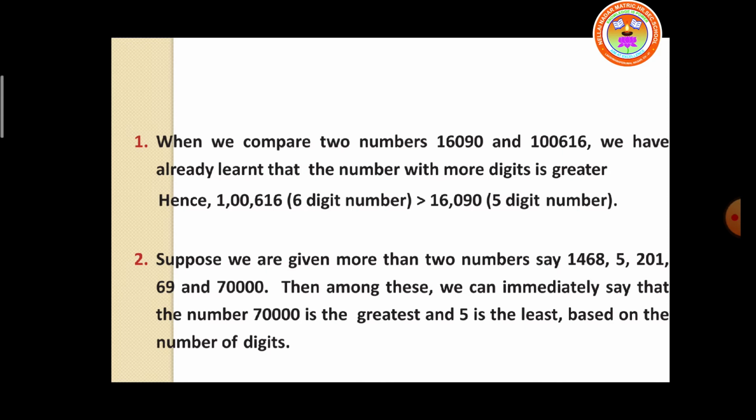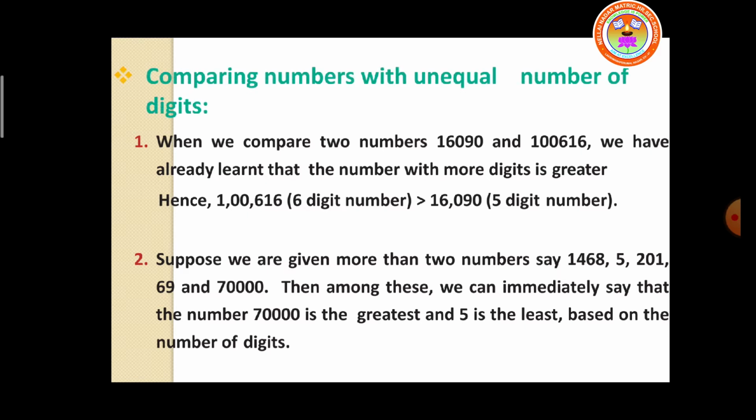Children, how to compare two numbers? The first step is you want to check whether the given numbers have equal digits or unequal digits. How to find out if it is equal or unequal digits? For example, if there is a 3 number, you can say it is a 3 digit. 5 number, it is a 5 digit.